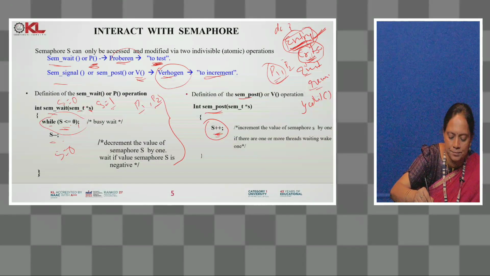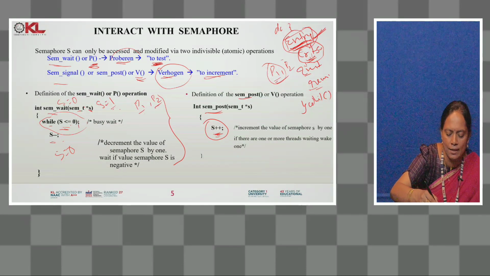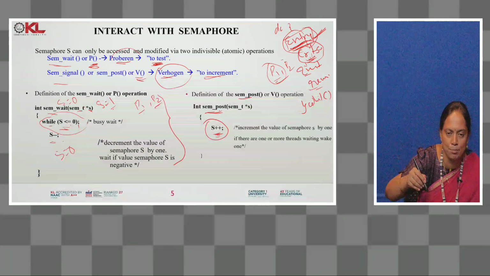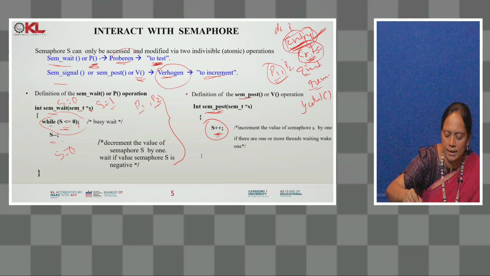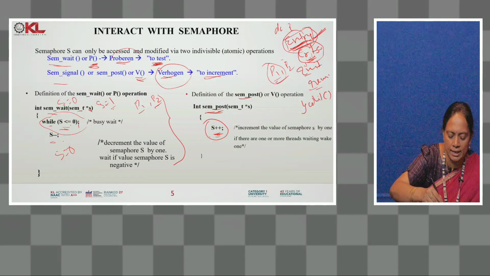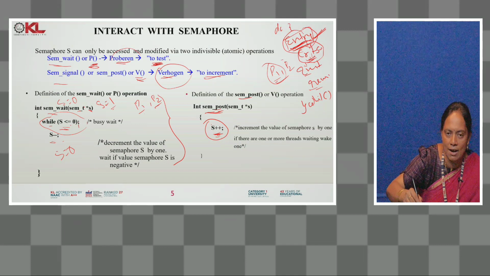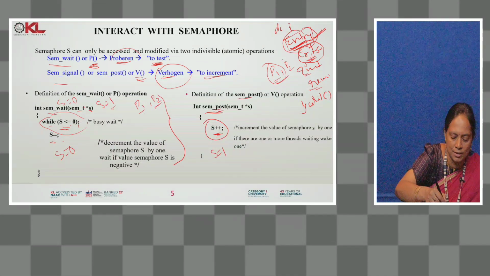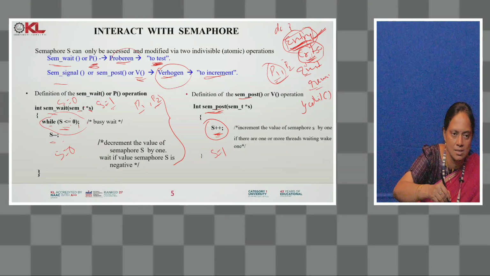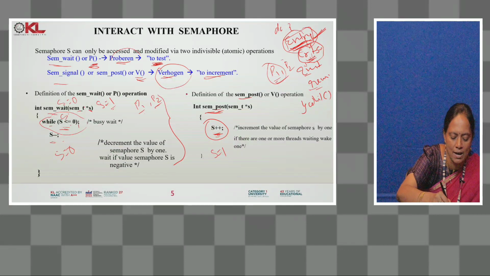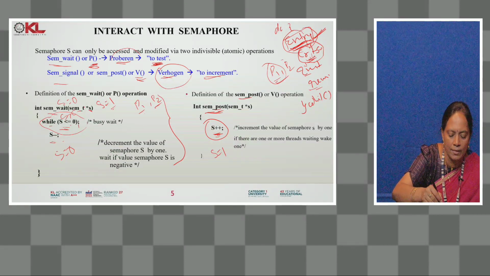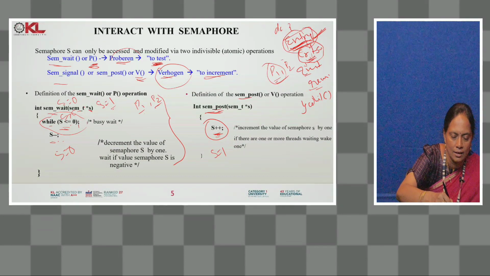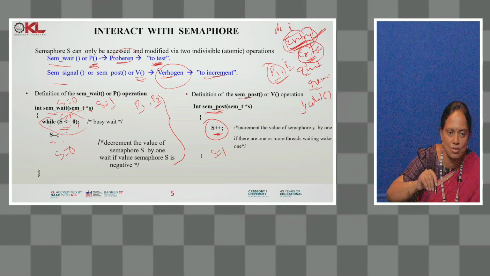After completion of its critical section, process P1 executes sem post. Here the S value is incremented: initially S is 0, so after incrementing, S becomes 1. Process P2 is waiting in the while loop of sem wait, and whenever the S value becomes greater than 0, process P2 gets access to the critical section.